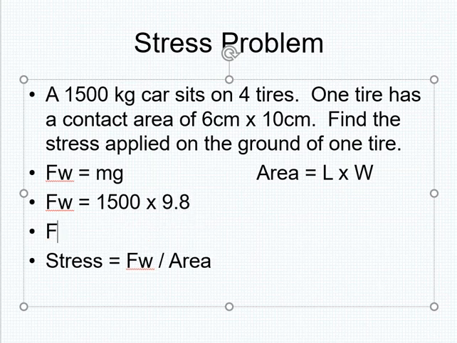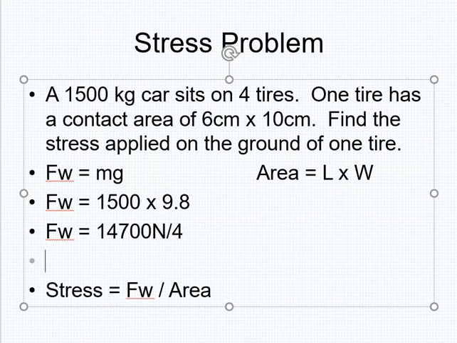And that means that the force in this case is equal to 14,700 newtons. Now, if we divide that by 4, we find out then that the weight on one tire is 3,675 newtons.